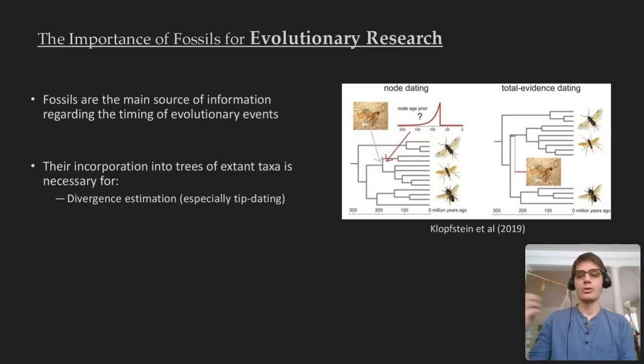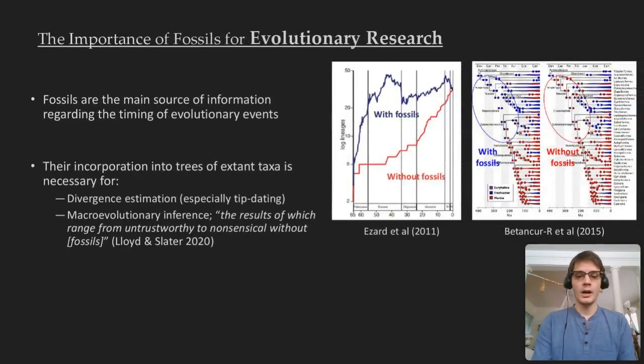But it's been shown that the incorporation of fossils into trees of extant taxa is, of course, not only necessary for divergence time estimation, especially using more modern tip dating approaches, but it's also necessary to perform accurate macroevolutionary inference. And to paraphrase a recent paper by Lloyd and Slater, the results of this kind of analyses range from untrustworthy to nonsensical if we do not account for fossil terminals.